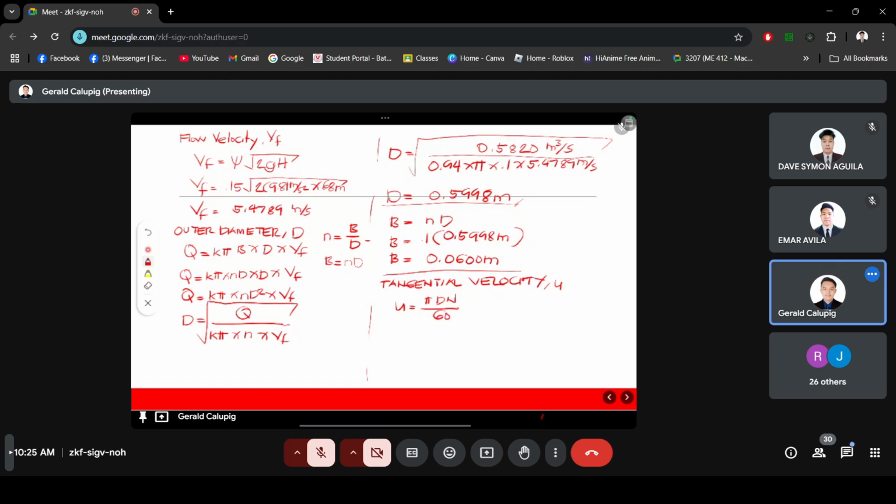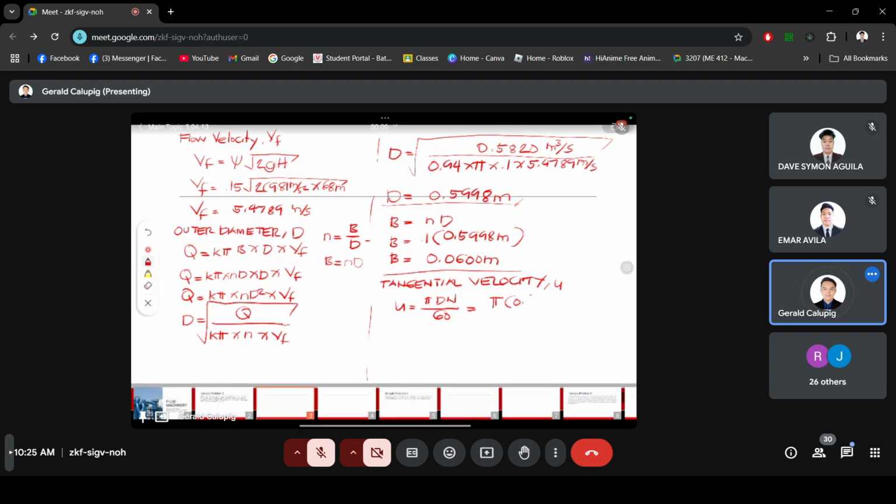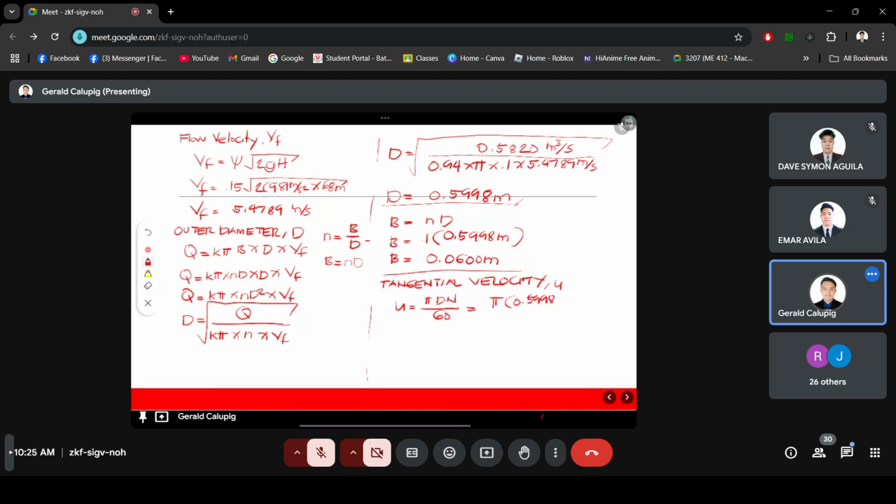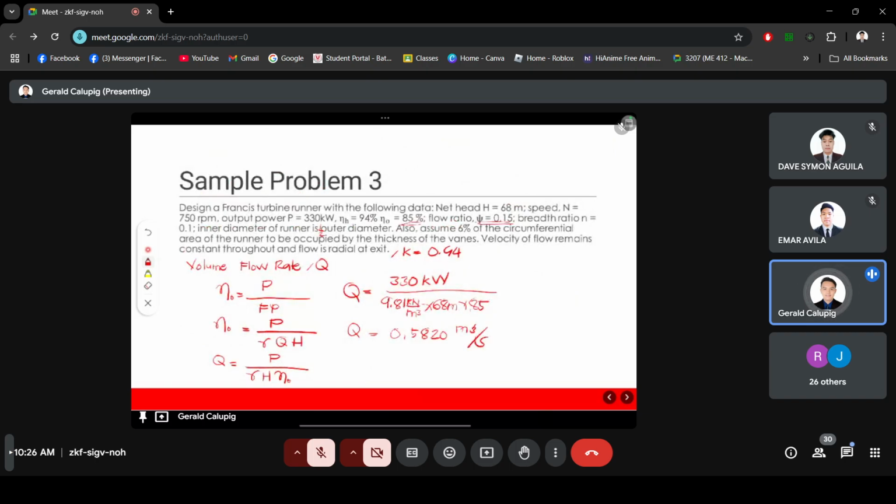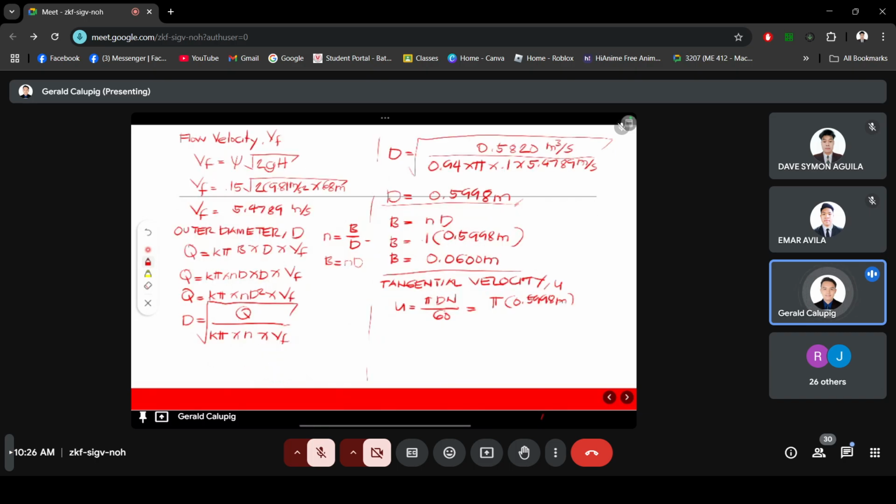The value of our D is 0.5998 meters times our N, the speed, which is 750 RPM, over 60 to make it in terms of seconds. So our U, the tangential velocity, is equal to what?